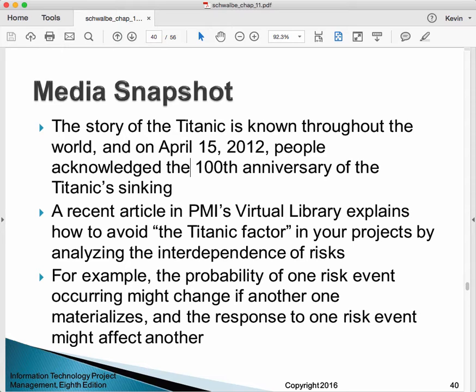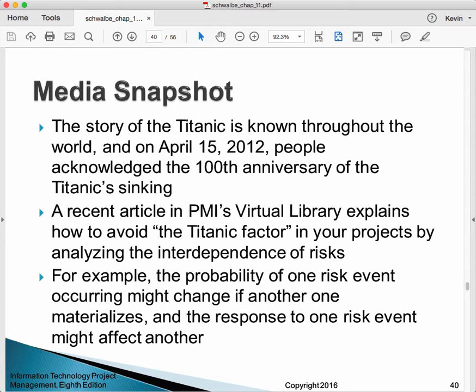So it's commonly thought that in the design of the Titanic, which was called unsinkable when they designed it, they did a pretty good job of planning for individual risks happening individually, but they did a very bad job of anticipating a number of negative risks coming to pass at exactly the same time.